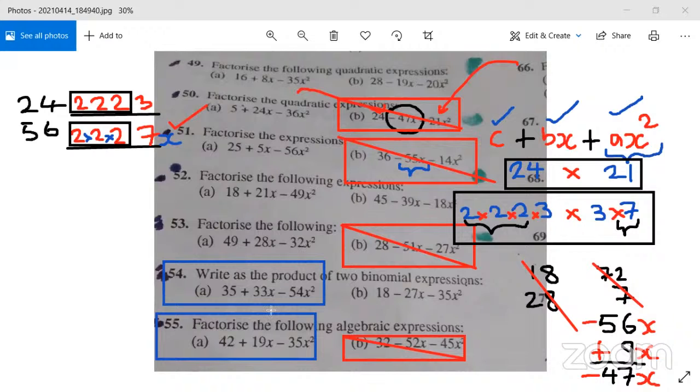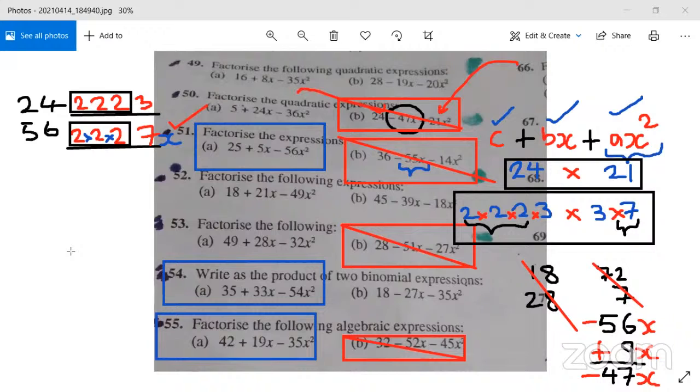So maybe you could do this one, and maybe this one. Maybe that. So I'm confident, but just remember, you have to nail finding the prime factors of the first and the third term.